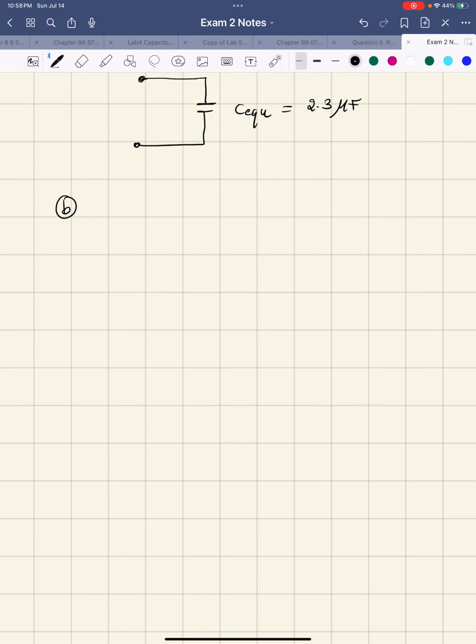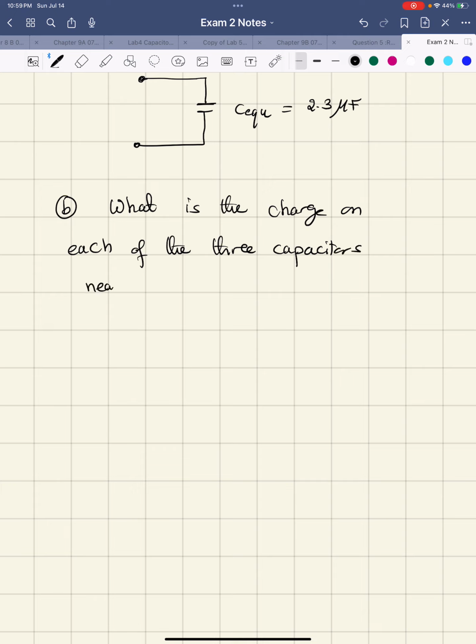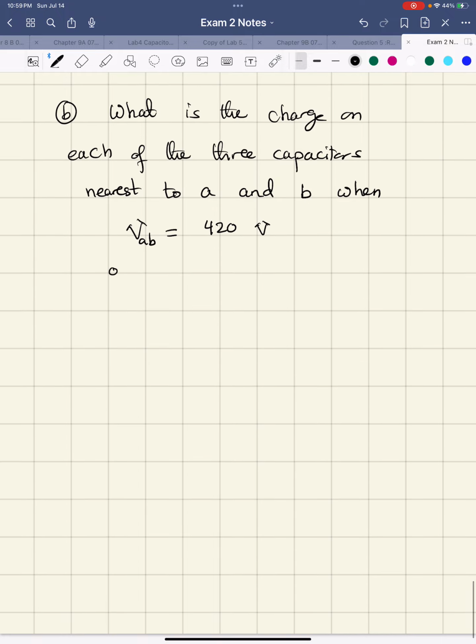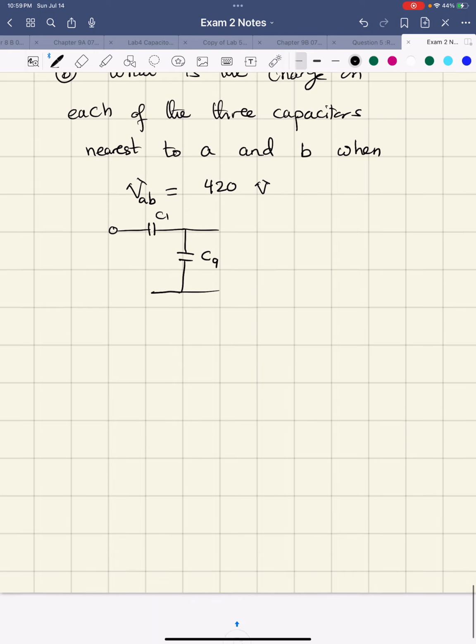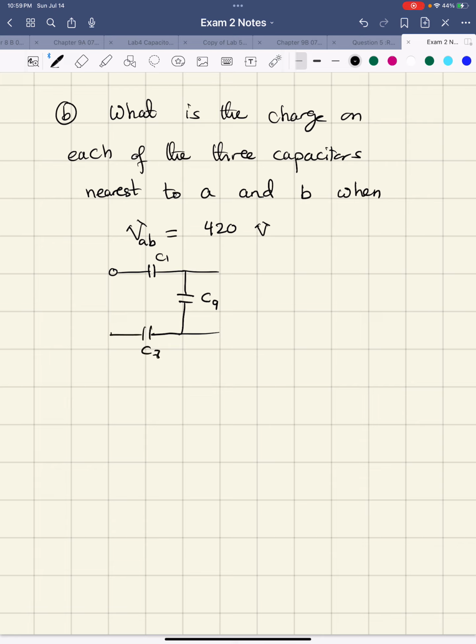In part B, they are asking what is the charge on each of the 3 capacitors nearest to A and B when VAB equals 420 volts, which means they are looking for this one C1 and C9, of course, like all the circuit is there, and this is C7 when we have here 420 volts.